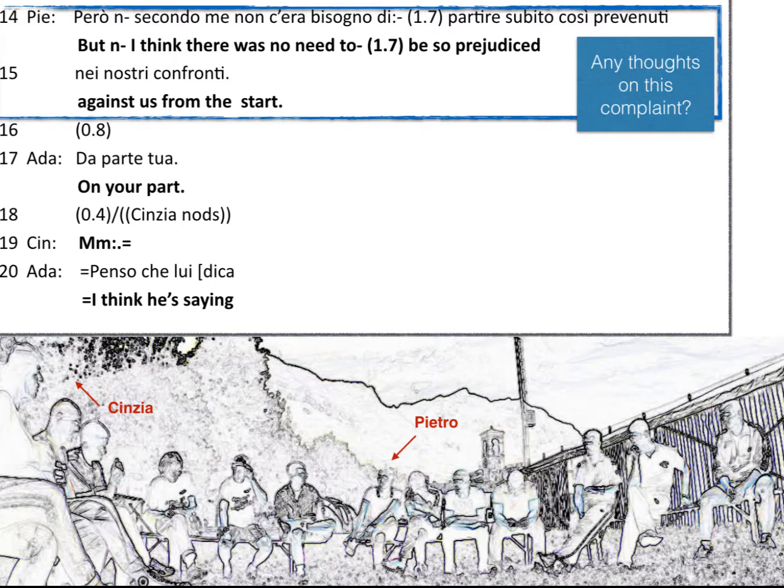It means that you have a prejudice against us. You have a negative conception of us. And you will find that it is a very common feature of people's complaints. They will not just complain about the action. They will portray the person as malevolent, being less than well disposed towards the person.